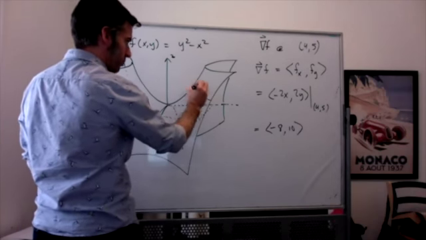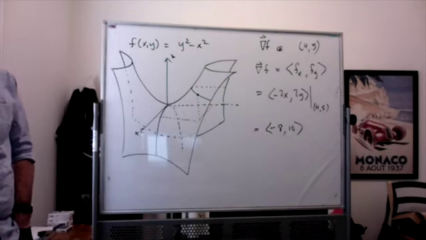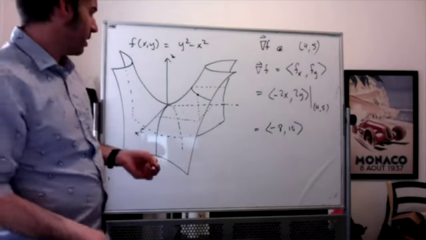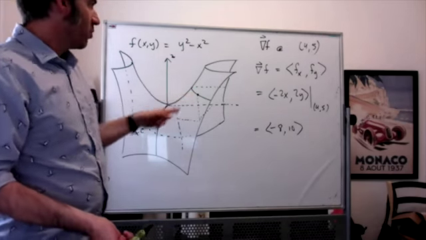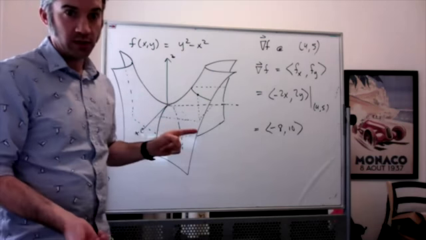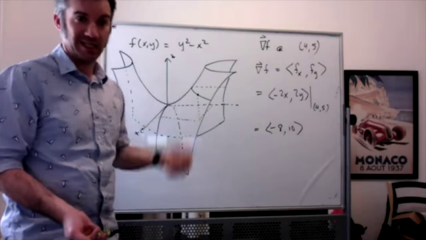So that's where we are on the surface. And we're asking, at that point on the surface, what is the direction? What's the gradient again? It's the direction of steepest ascent.